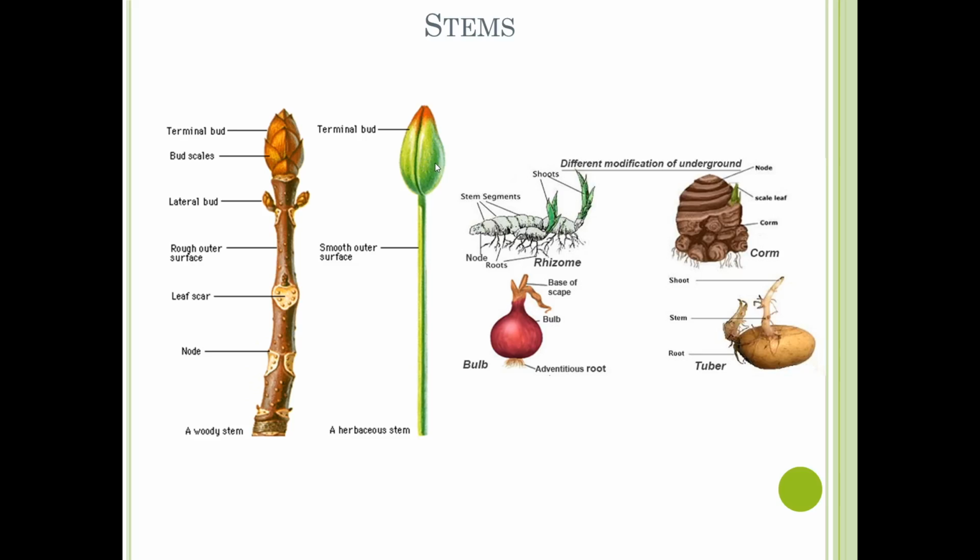In some plants, though, in addition to having their above ground stems, they can have different types of stems, sometimes growing underground. So these right here are all different versions of modified stems, and they are growing underground. So this right here is called a rhizome.